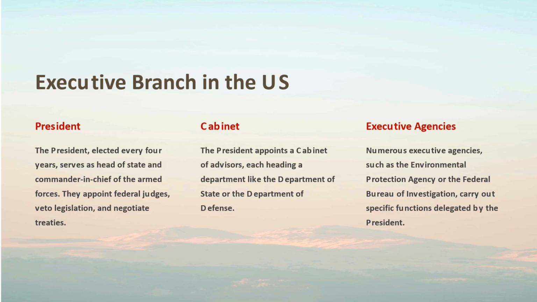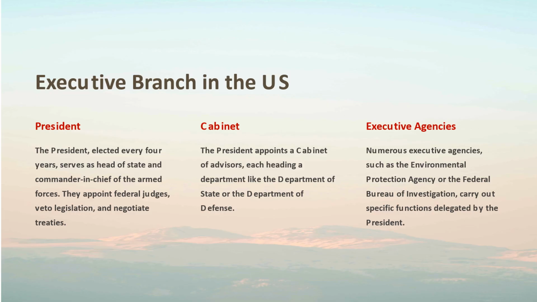They appoint federal judges, veto legislation and negotiate treaties. And the vice president supports the president and assumes the office if the president is unable to serve. The vice president is also the president of the Senate and casts tie-breaking votes.